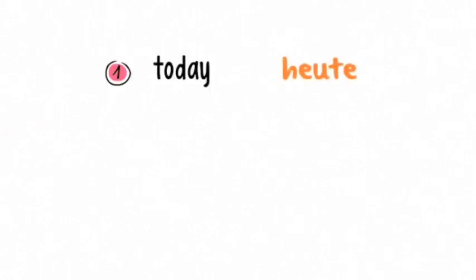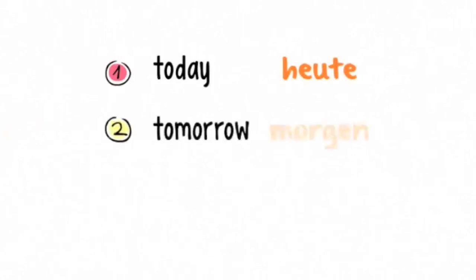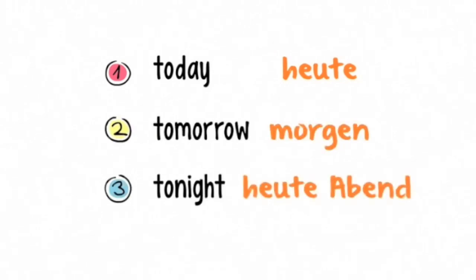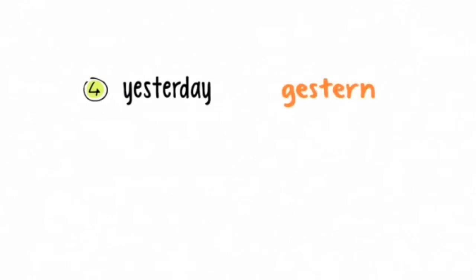Today in German we would say heute. Tomorrow, morgen, and tonight, heute Abend. Heute, morgen, heute Abend. Yesterday, gestern.